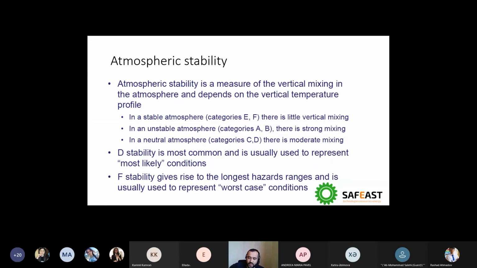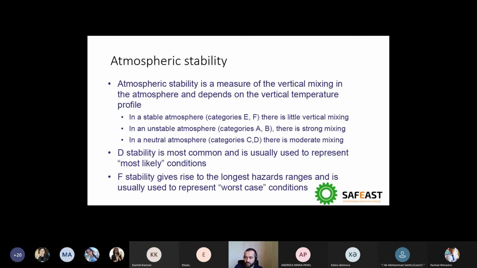If you look at Baku or most of the cities in the UK, D represents most of the daytime, and it's the most likely condition you can have, because throughout the day most of the time you will have a D type of atmosphere.